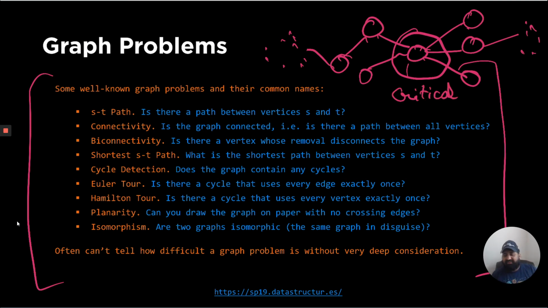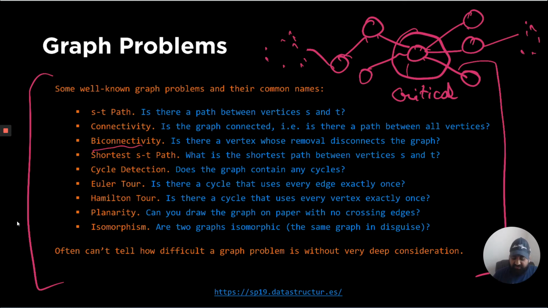Let's say we are solving problems related to network connectivity, and you are representing each server by a node. If this server goes down, it could be a critical point of failure for several algorithms. So we want to make sure: if the vertex is removed, will it disconnect the graph somehow? And we want to avoid that. There are algorithms for biconnectivity as well.